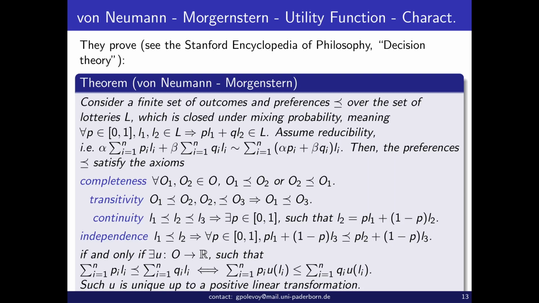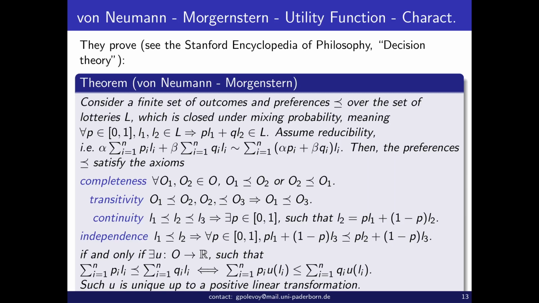Moreover, we assume that we can enter those coefficients inside the original distribution. So if one of the lotteries is the sum of p_i l_i, and we take alpha times that plus beta times the other lottery with the coefficients q_i, then the final lottery is, from the preference point of view, simply the same as taking the coefficients alpha p_i plus beta q_i.